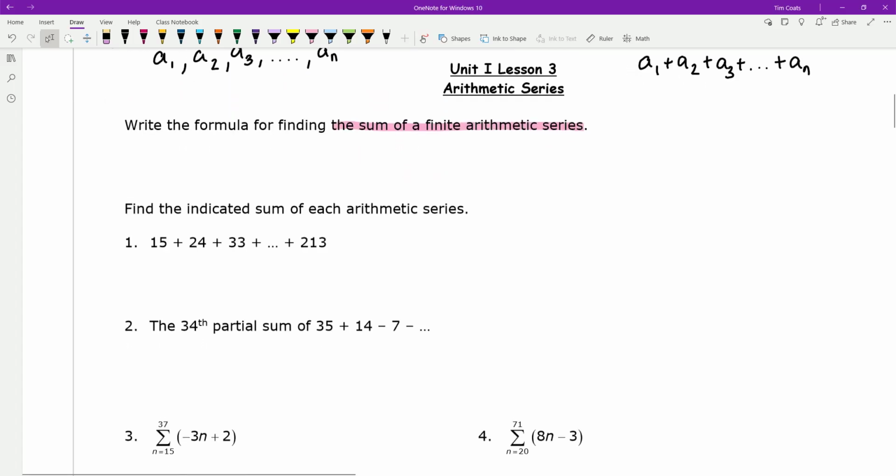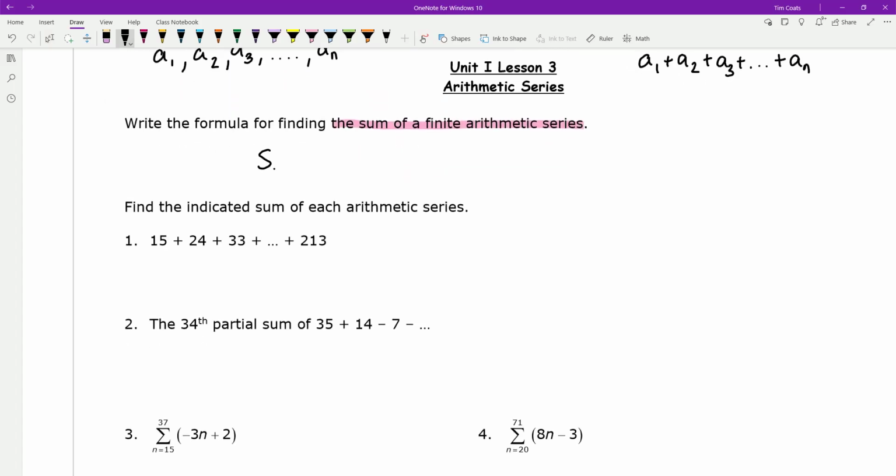So the sum of a finite arithmetic series, if I'm looking to add up the first n terms, is: we take the number of terms, divide by 2, and multiply that by the first term plus the last term. So you can see that S of n equals n, the number of terms, divided by 2, multiplied by the first term plus the last term.